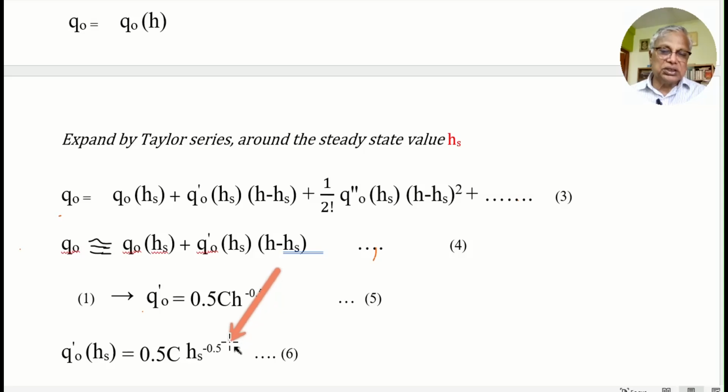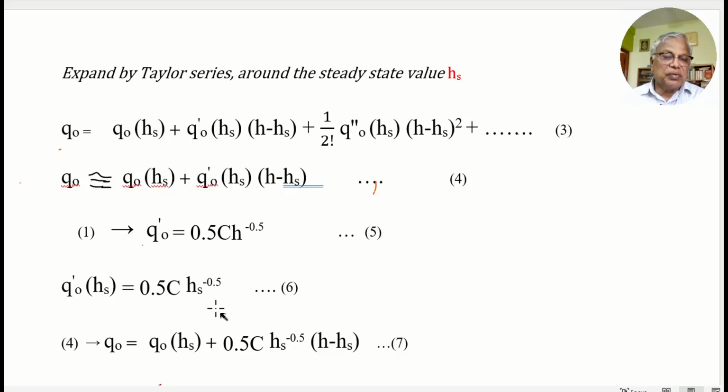I can substitute for this term. Now I'll substitute this in equation 4.